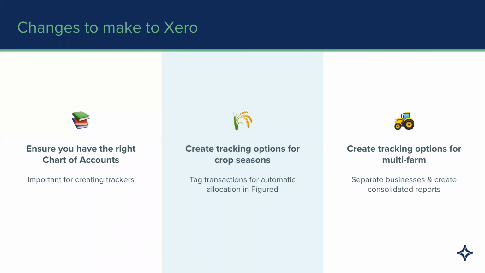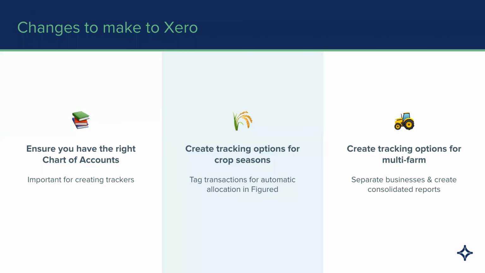Some of the key changes to make to Xero initially are a great place to start when we're getting set up. The chart of accounts is the first place to start, and that's really important for using Figured and Xero. We have a pre-set chart of accounts that you're welcome to use, located in the Help Center.